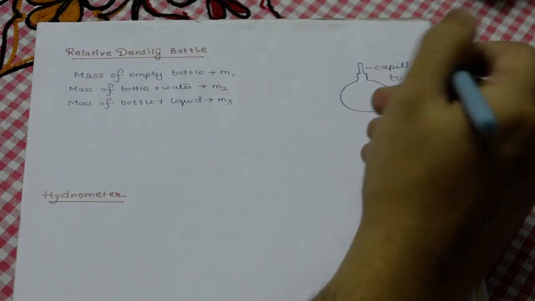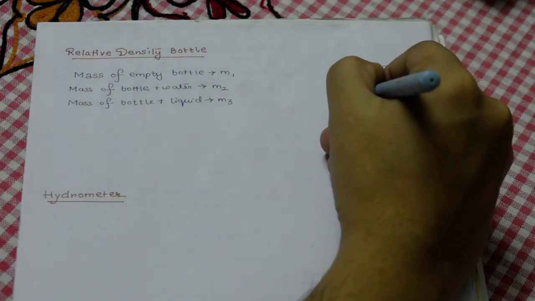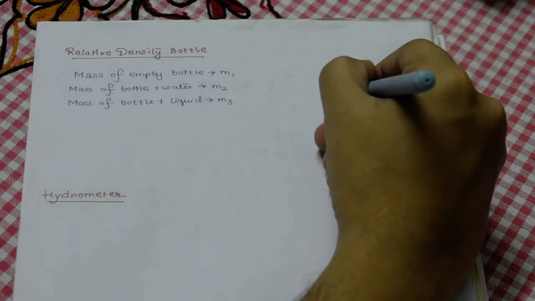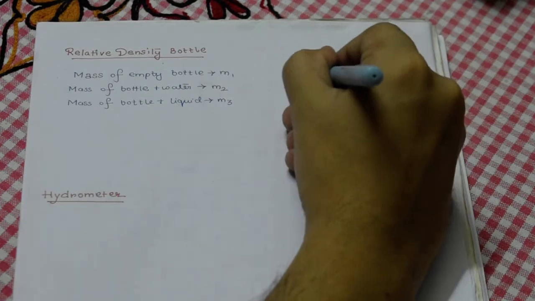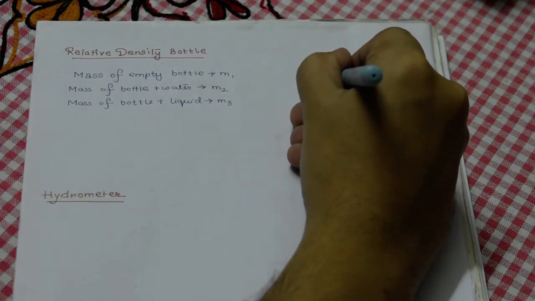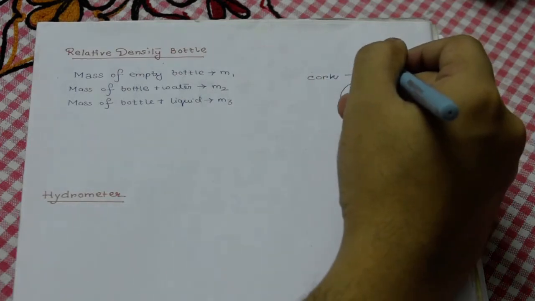Whatever liquid whose relative density we are trying to measure is poured into this flask. Once the flask is filled with that liquid, the opening is completely sealed with a cork, and during that, if there is any excess liquid, it overflows out through the capillary.